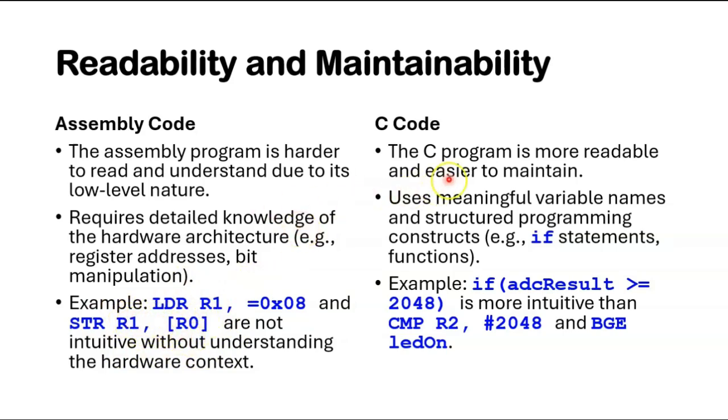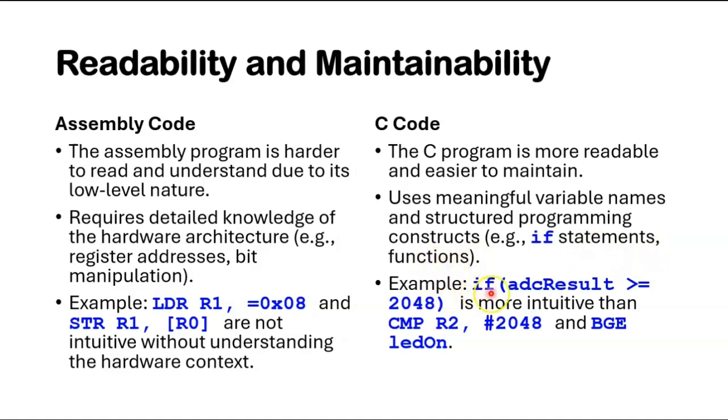If we look at the C program, it's more readable and easier to maintain. It uses meaningful variable names, as we've seen earlier. For example, ADC result was one of the variables in the C program, and then structured programming constructs like if statements and so on.